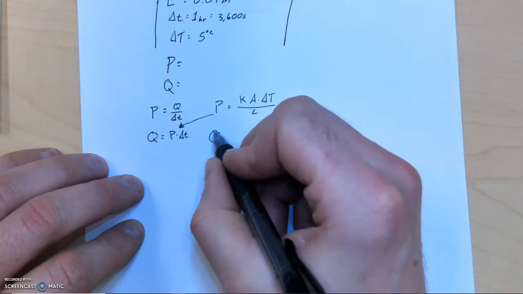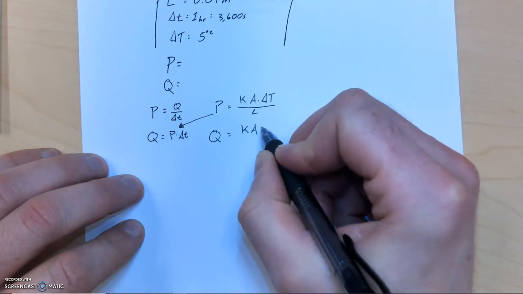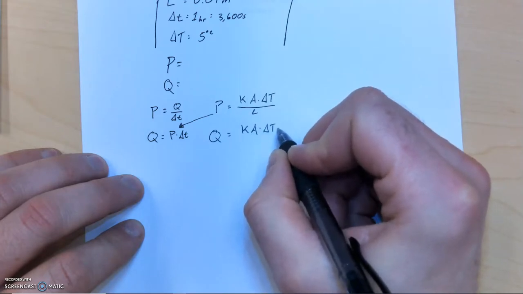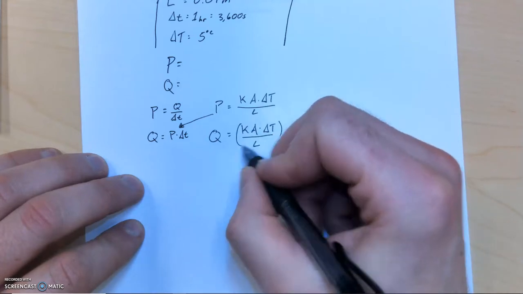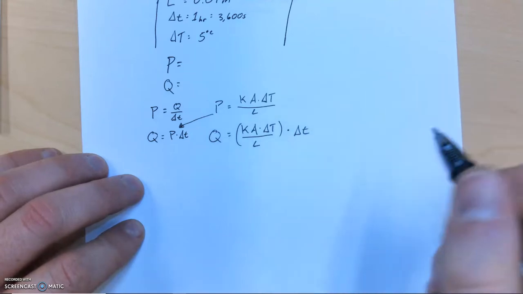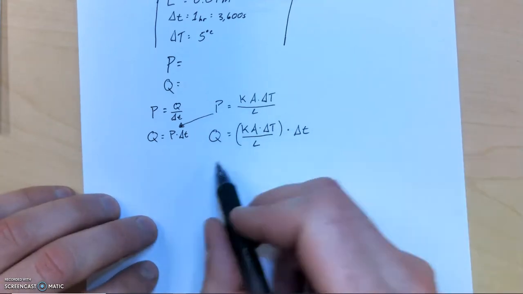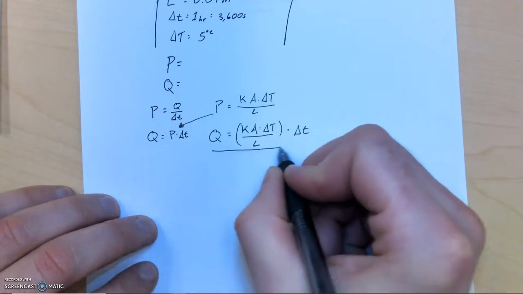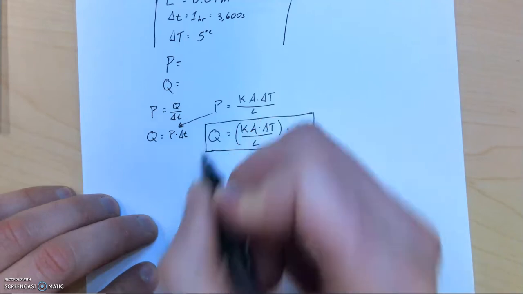So Q is going to be equal to the K times the area times the change in temperature, put all that over L, and that's going to get multiplied by the change in time. So this is the formula that we're going to be working with right here. We got that by combining those other two formulas.